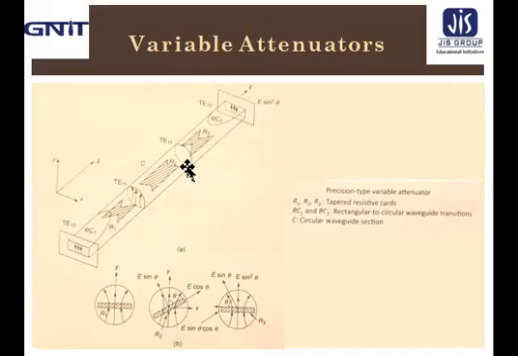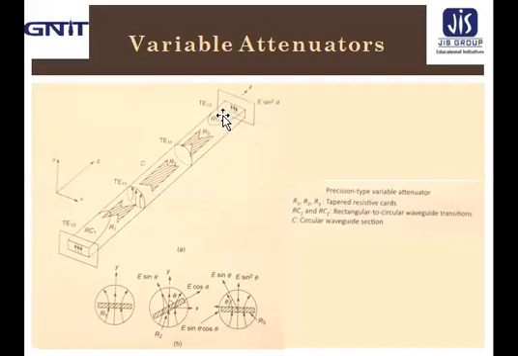To both sides of which are connected asymmetric sections of circular waveguide. Circular to rectangular waveguide tapered section transitions, that is RC1 and RC2.